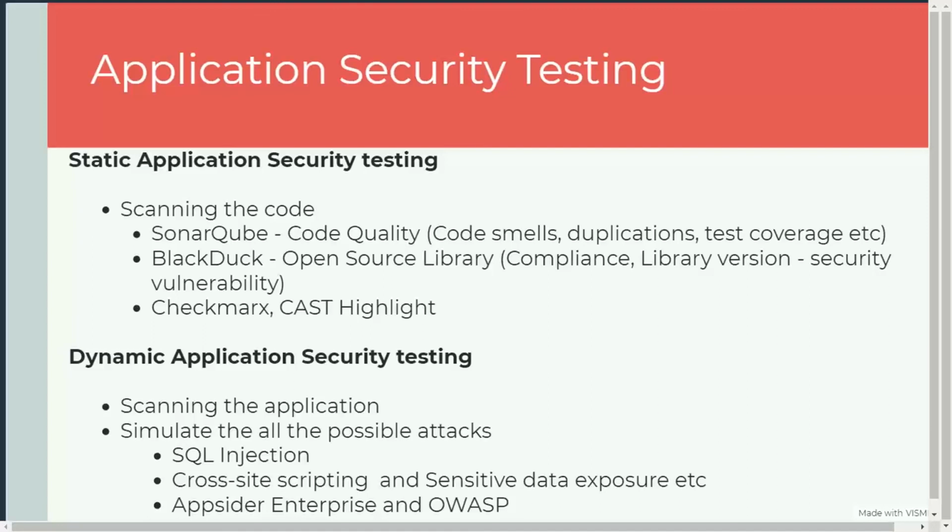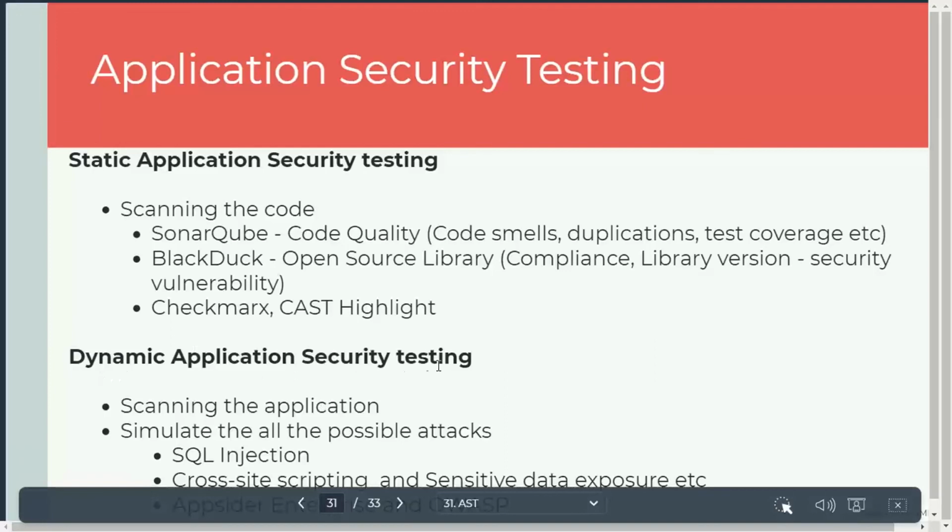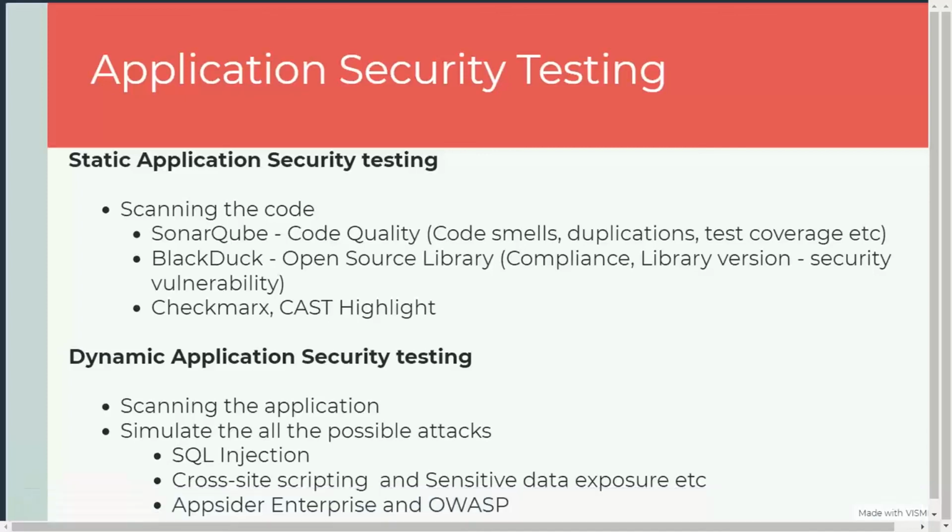Based on that we can try to simulate some kinds of attacks. Similar to whatever the real attacker will do, the tool itself will do. The dynamic application security testing tool will simulate all the possible attacks known so far in the IT security industry.